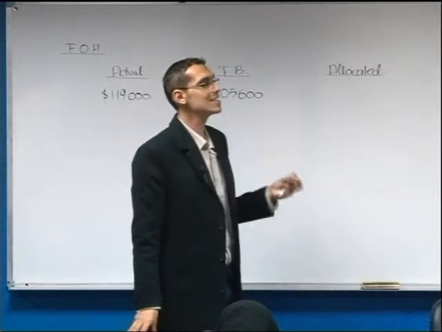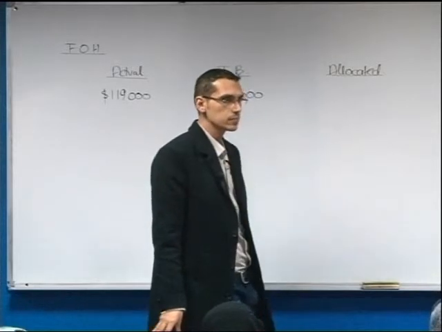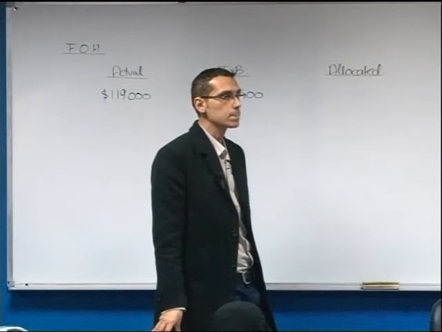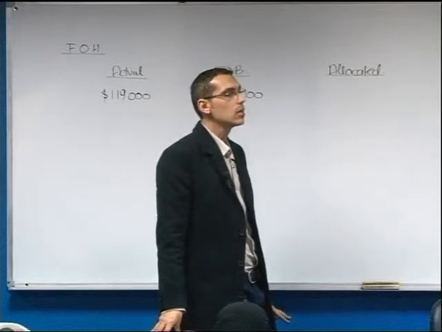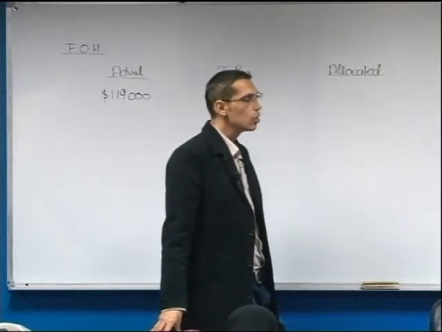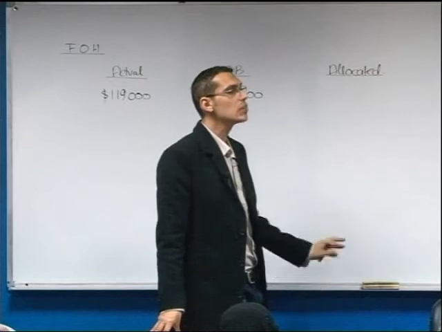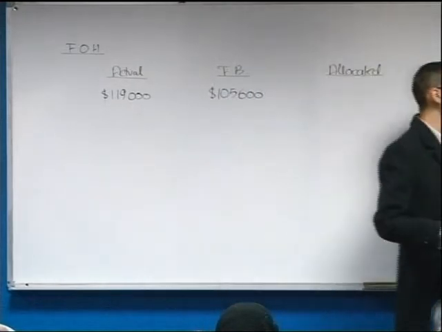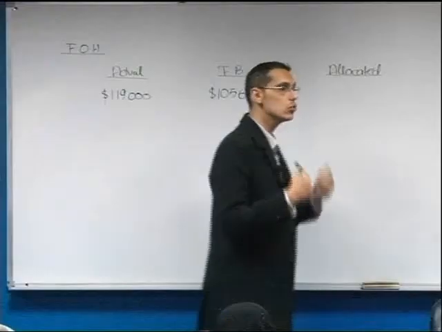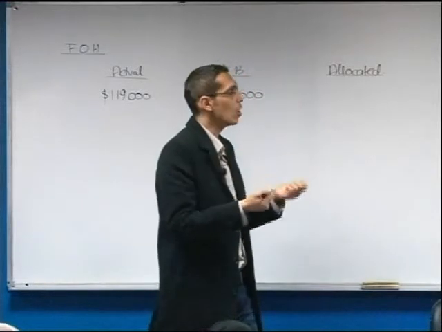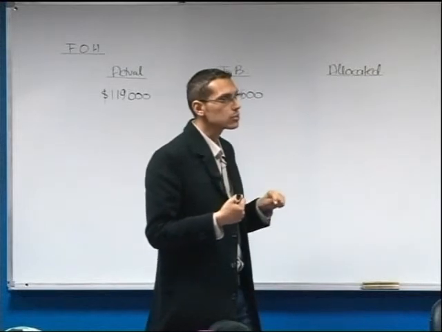So what is the allocated amount of fixed overhead in this case? According to our standard costing system, we are going to use budgeted quantities and budgeted rates. And we have already calculated the budgeted rate. Now we need to know the budgeted quantity. Of course, we are going to use the standard quantity of setup hours for the actual output.